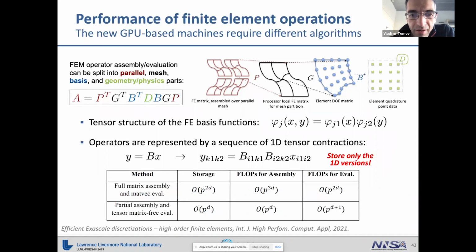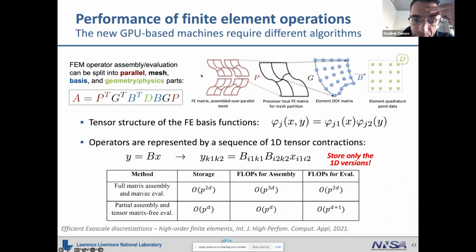All right, a quick note about the performance. Now, as you know, the new machines are GPU-based machines, and to run efficiently on this, we need different algorithms. The standard finite element assembly, forming a sparse matrix, storing it and applying it, is not good, because it's too much memory transfer, too much memory storage, and so on.